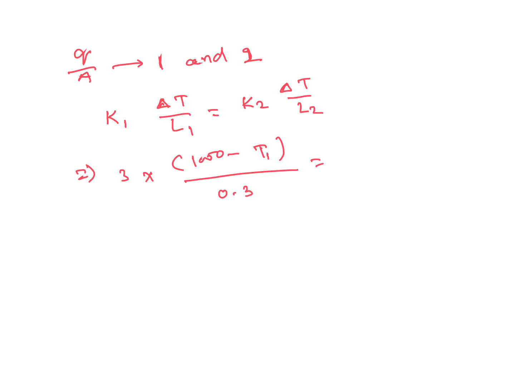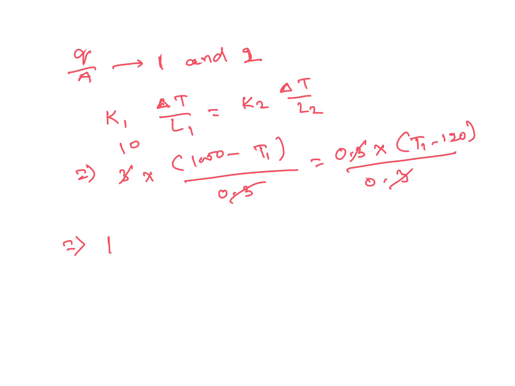Here K2 is 0.3 into T1 minus 120 degrees Celsius divided by 0.3. The 0.3 cancels. Here 3 by 0.3 is 10.